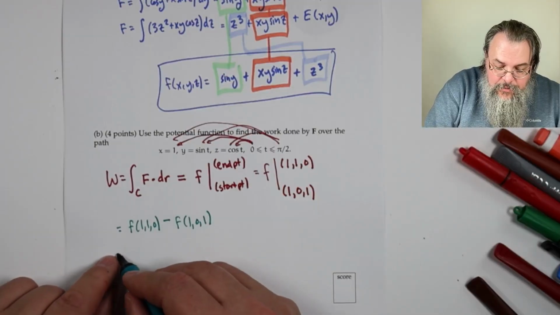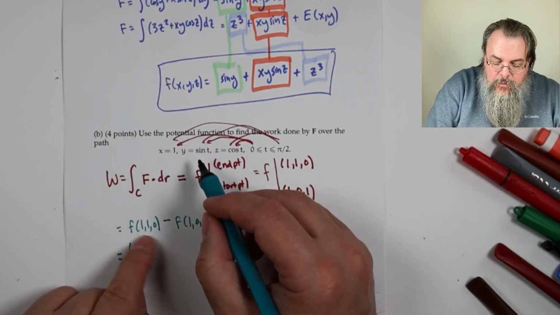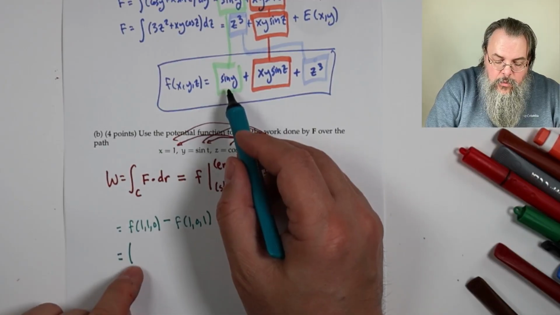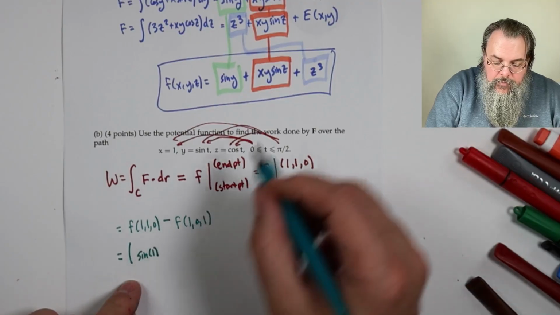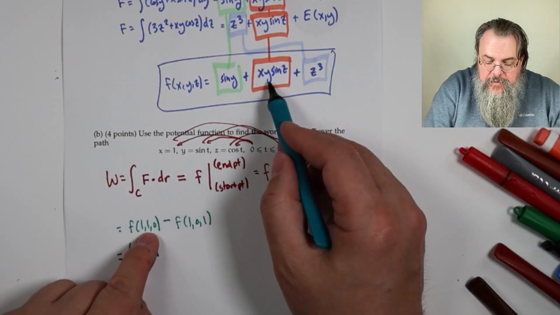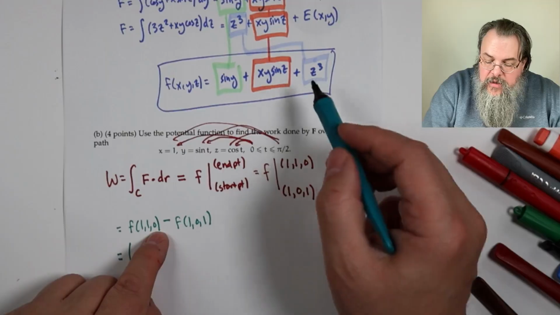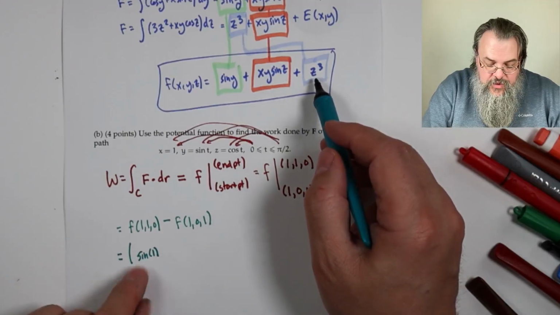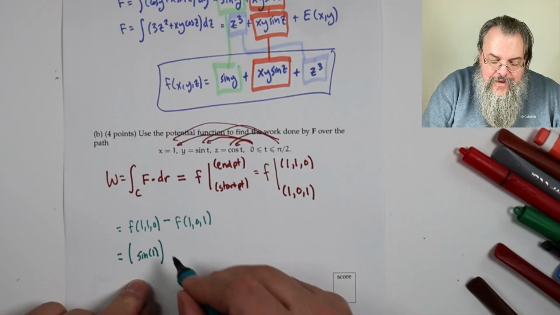Okay, so here, x and y are 1, z is 0. So we have sine of y, sine of 1. x times y times sine of z, well, that's 1 times 0. Okay, that's good. z cubed, 0 cubed. So sine of 1, that's where we were at the end.